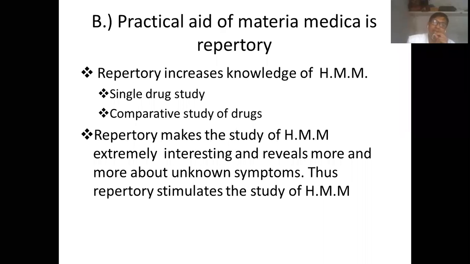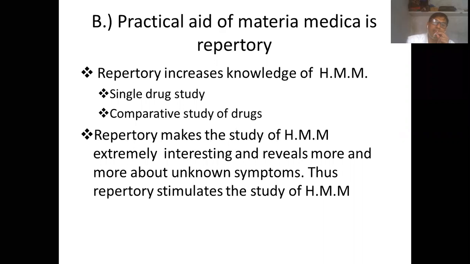As the repertory is compiled from multiple sources, whatever study we do of a single drug is also from multiple sources, and whatever information is given in the repertory is more clinically verified, so more authentic. So the single drug study with the help of repertory is more and more complete, with respect to different sources.